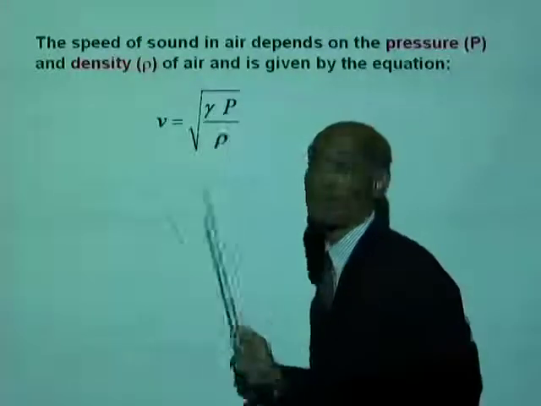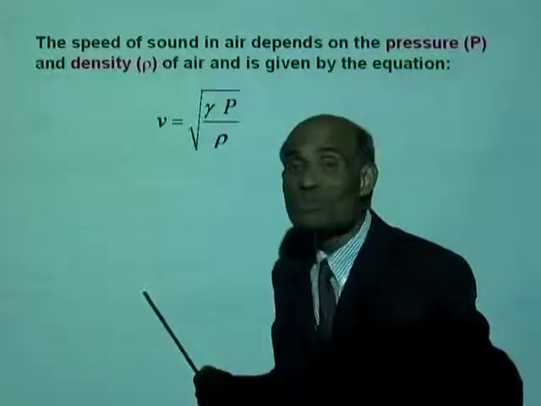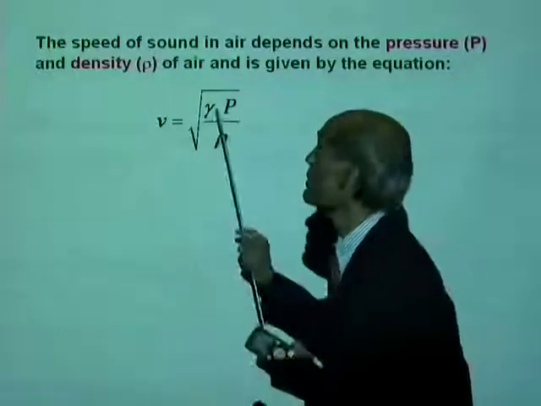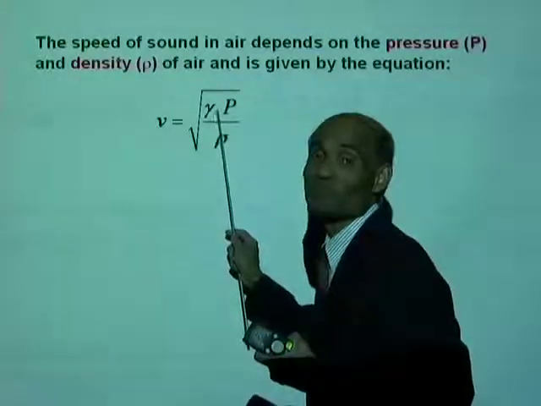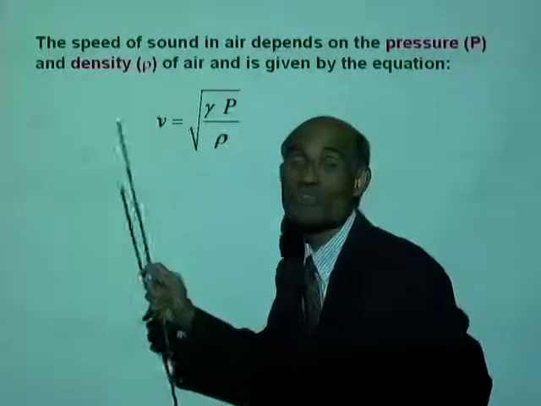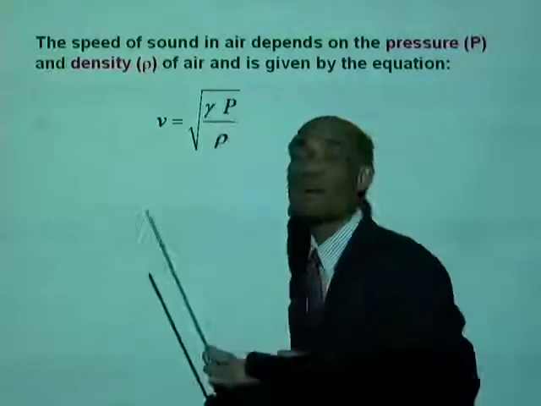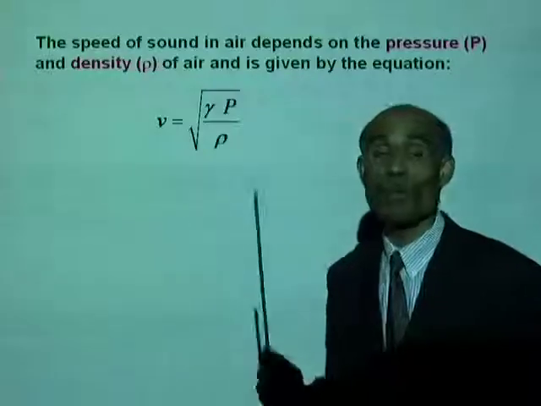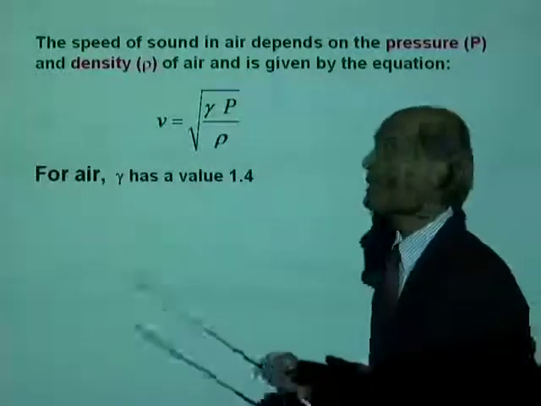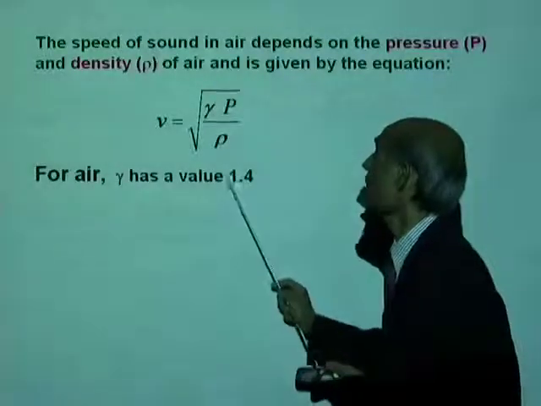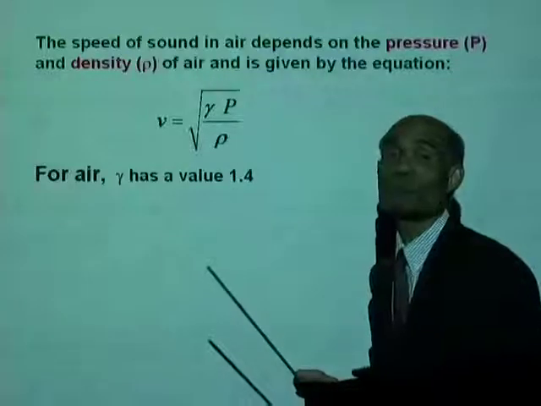Now, this gamma, in the second unit of this course, we will talk about this gamma. At the moment, you need to know for air, the value of gamma is 1.4. I'll give it to you as we go on. For air, gamma has the value of 1.4.